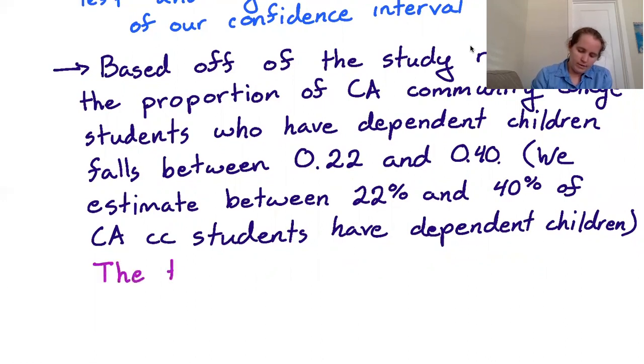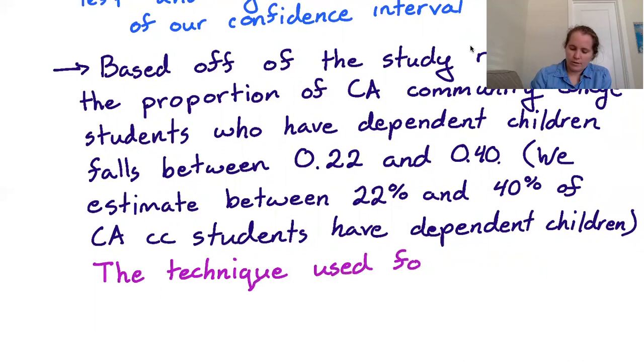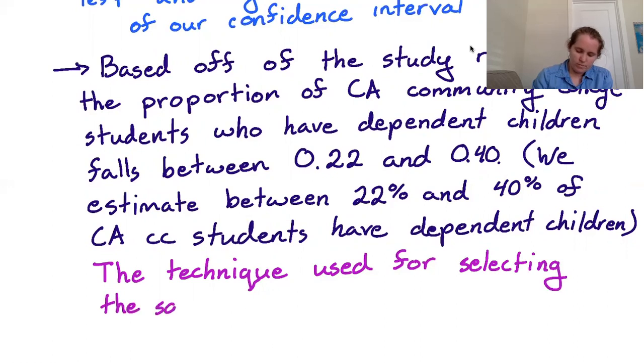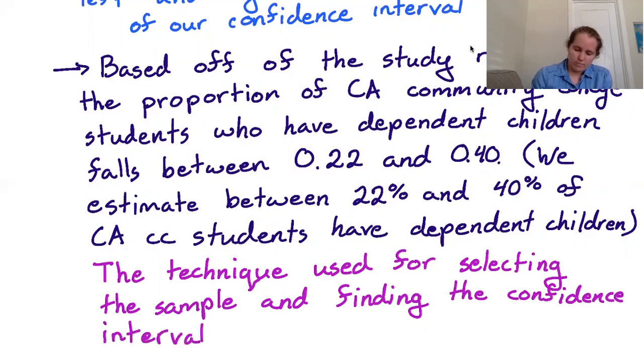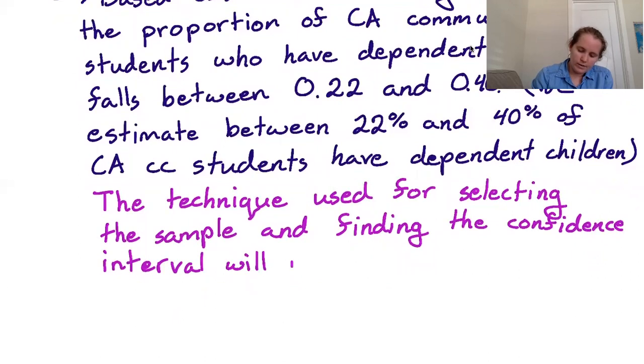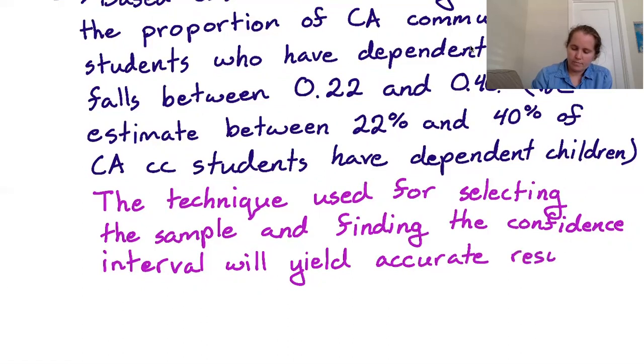So the technique used for selecting the sample and finding the confidence interval will yield accurate results 95% of the time.